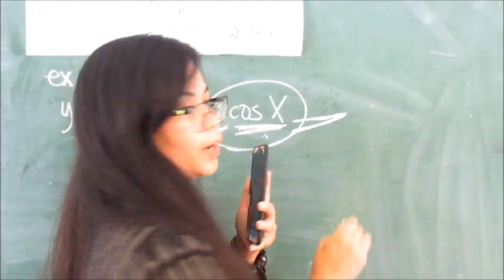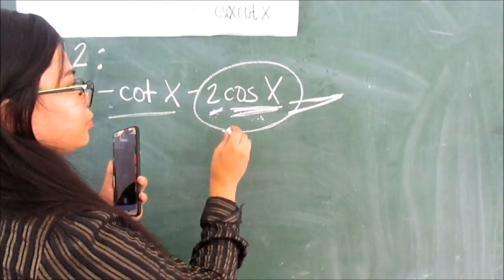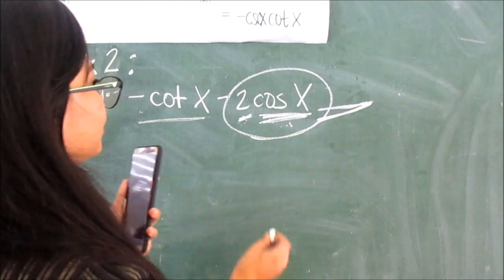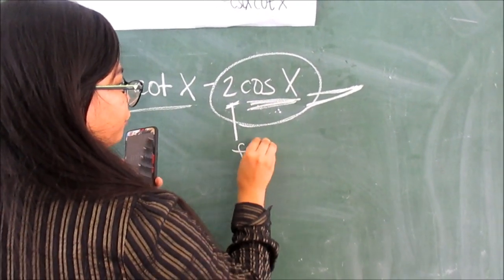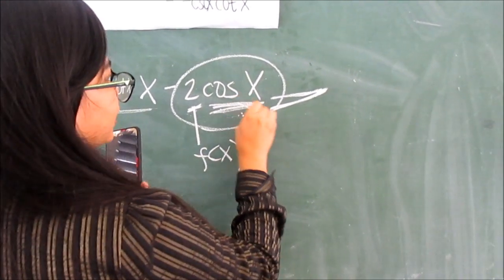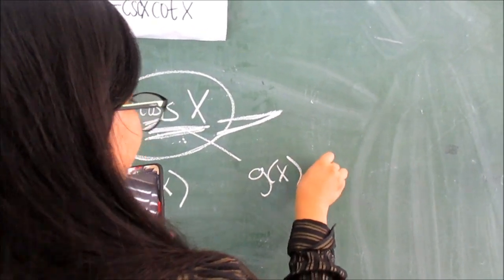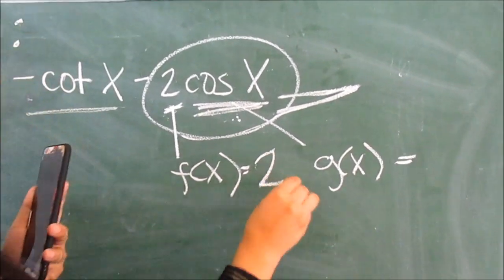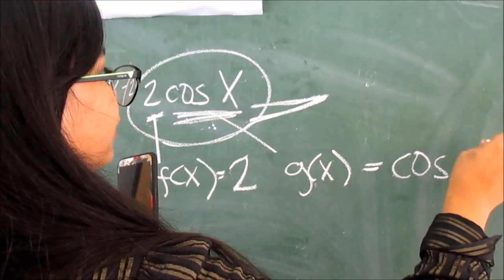So, alam na natin kung paano ang product rule. So, hanapin lang natin ang f of x at ang g of x. So, ito yung f of x natin. 2 is our f of x, and cosine x is our g of x. So, f of x is equals to 2, and g of x is equals to cosine x.